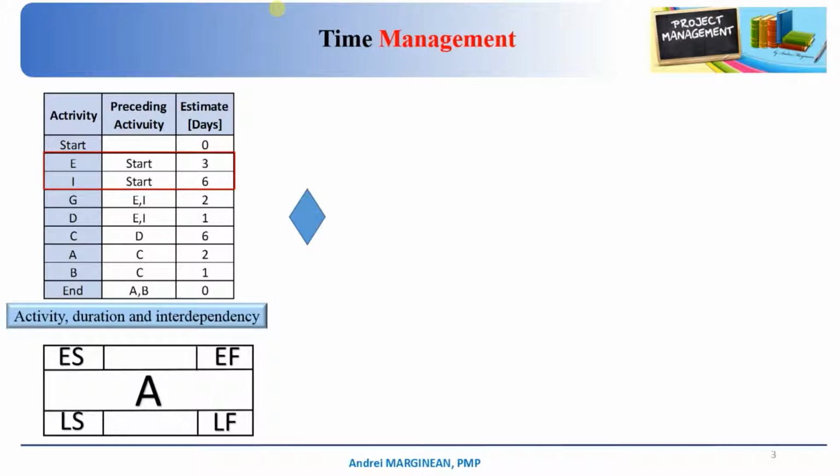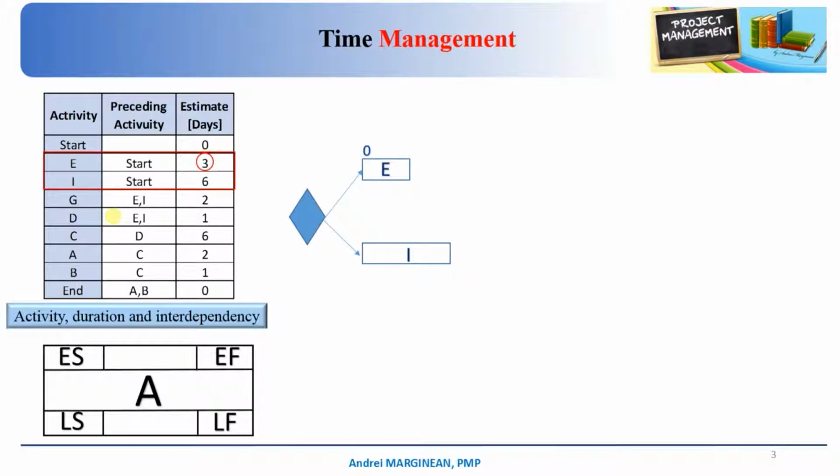The first activities are the ones highlighted here. So we should build the packages for these two activities, activity E and activity I. These activities are the first in the list, so they will start at point 0, meaning they start on day 1 of the project.